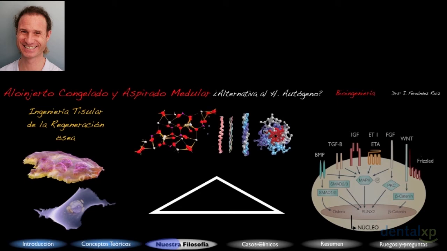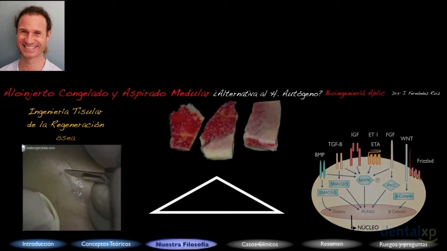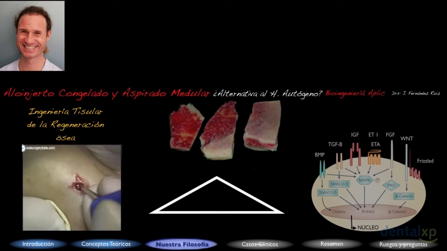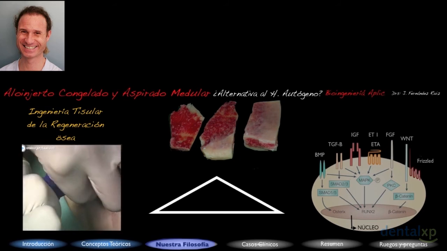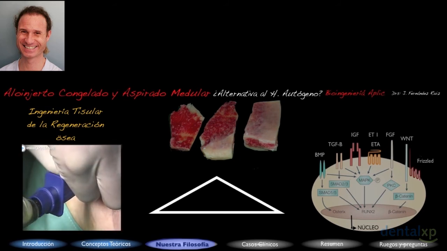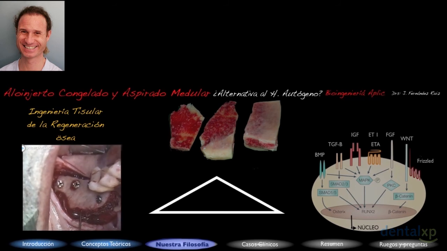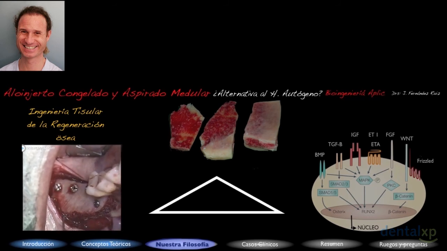This is a small video of how we get the aspiration of the bone stem cells. And this is how we inject the stem cells that will allow us to achieve the regeneration, aiding on the bone blocks that are needed for the regeneration.